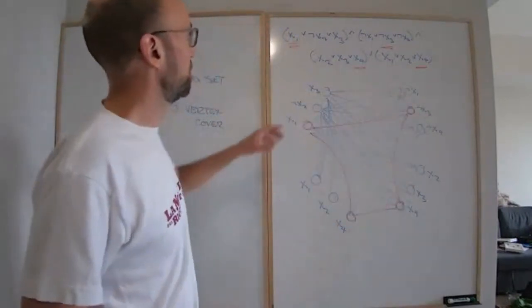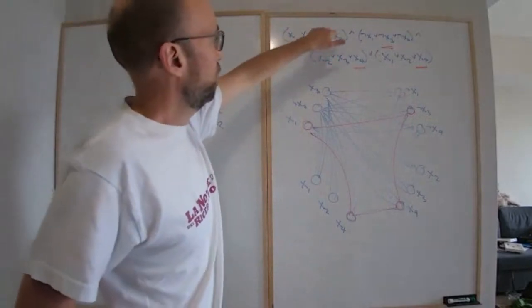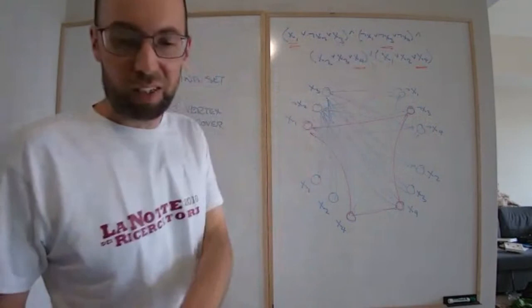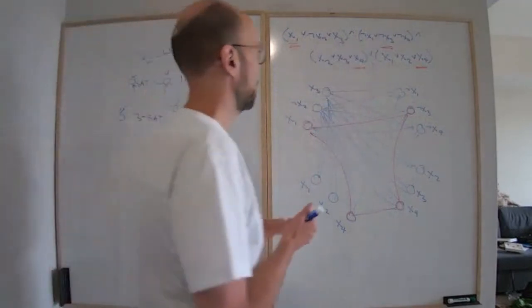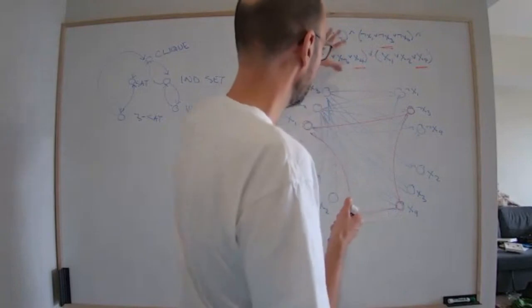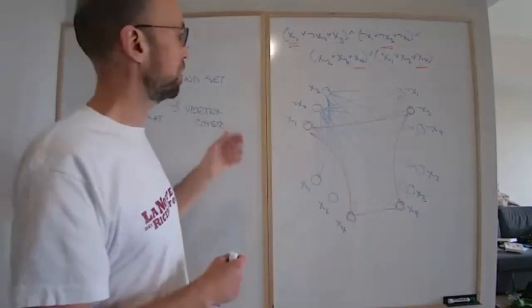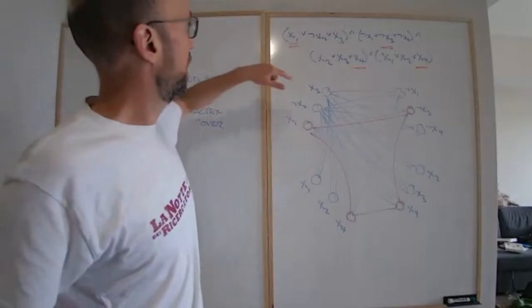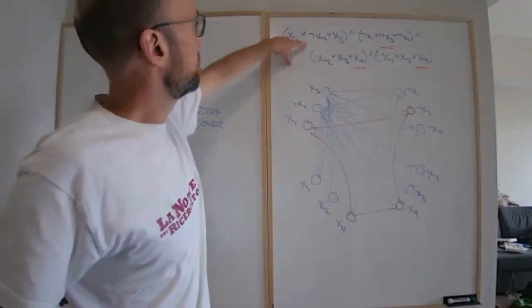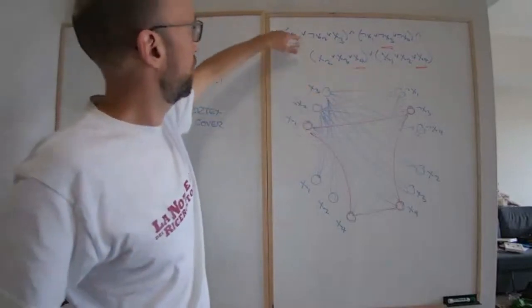So here, how long is this formula? If you have k clauses, it's going to be about 3k. Okay, so this is going to be at most quadratic, right?